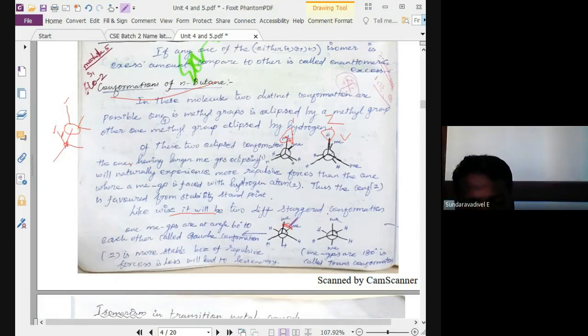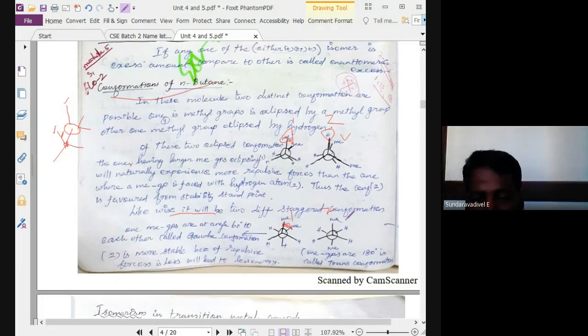Therefore, less repulsive forces lead to less energy. In the staggered conformation, compared with the first structure, the second structure is more stable because the methyl groups are present at 180 degrees. So that is called the trans conformation.